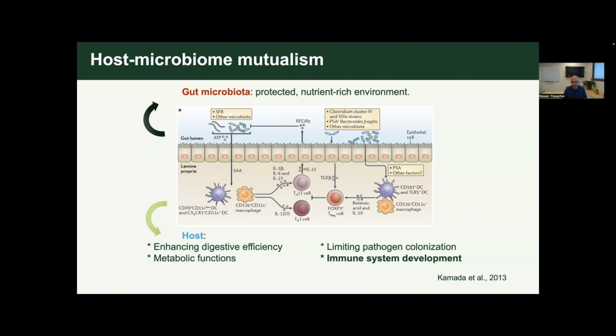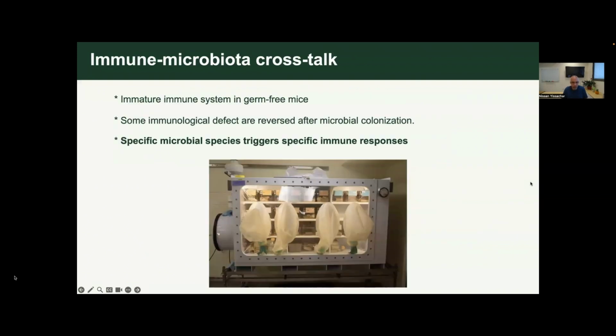And last but not least, these microbes are crucial for healthy maturation, development, and function of our immune system in the gut and systemically. And we know that, for example, by looking at the germ-free mice that are completely devoid of bacteria, we can see that the immune system of these mice is immature. There are many immunological defects, changes in cellular numbers, and disrupted proportions of immunological subsets, and many other defects.